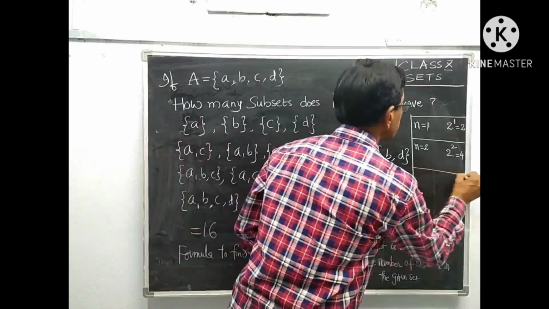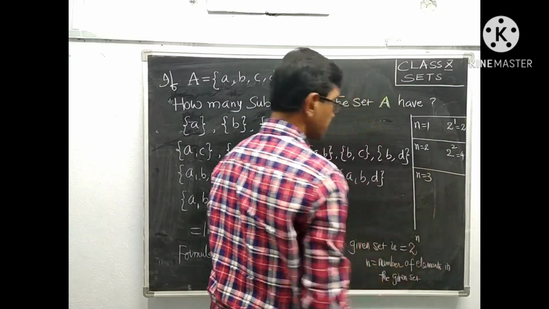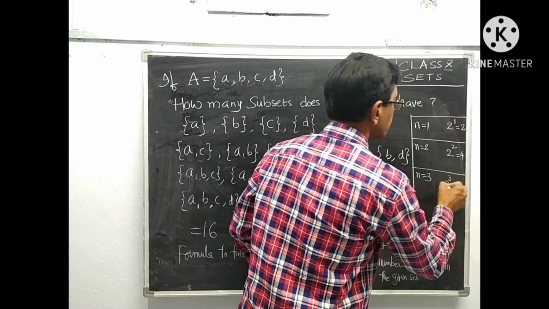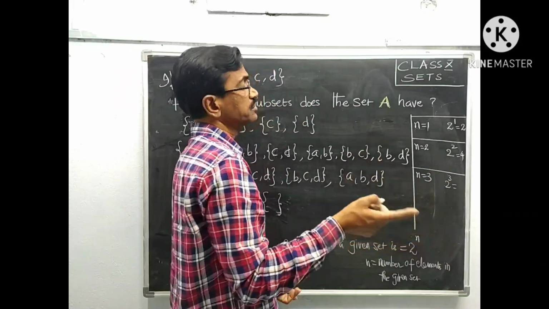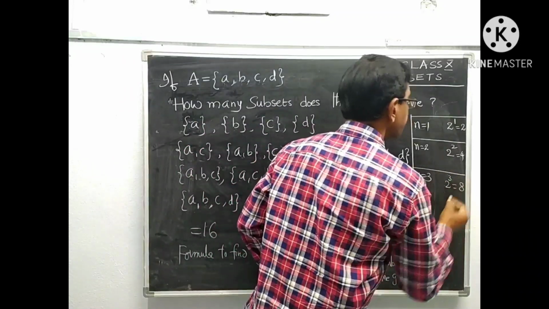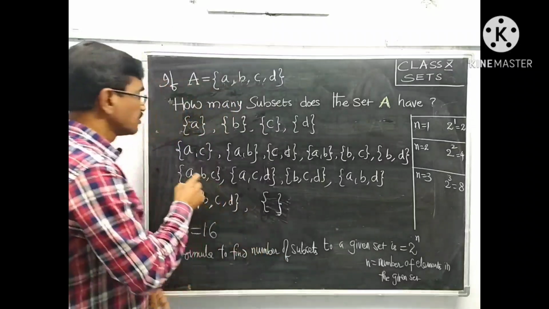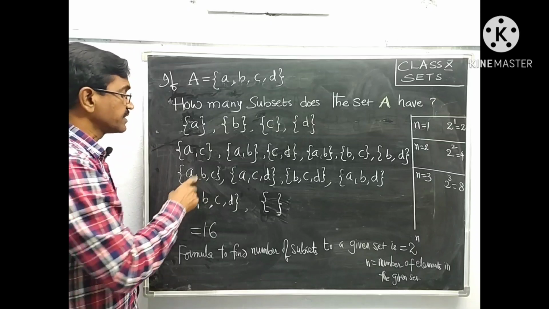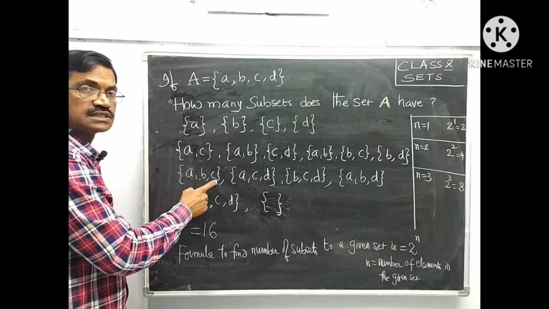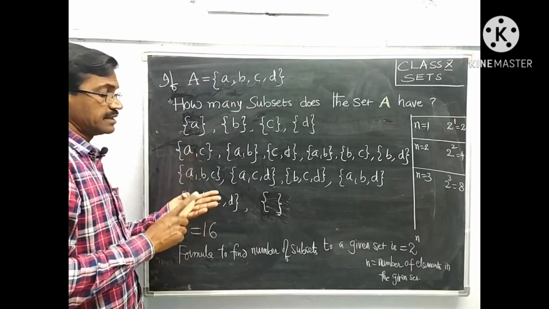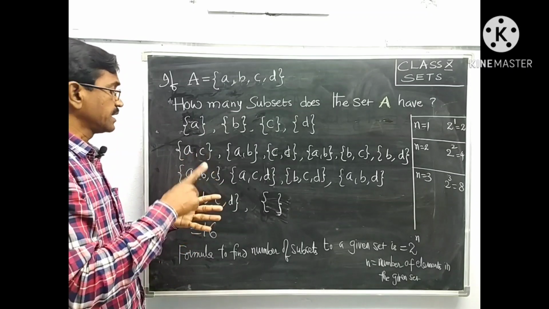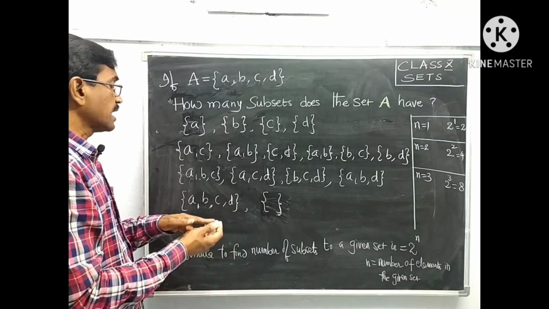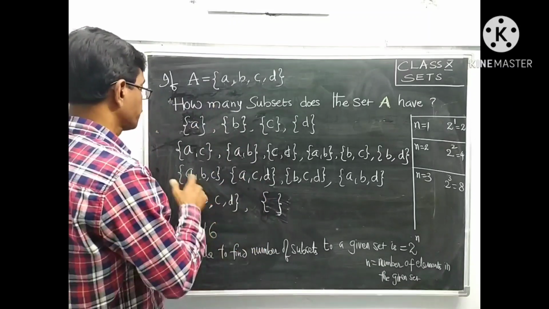If n is equal to 3, then substitute 3 in the formula: 2 to the power of 3. 2 to the power of 3 means 2 into 2 into 2. 2 twos are 4, 4 twos are 8. We can write 8 subsets for this set, which has 3 elements. How?